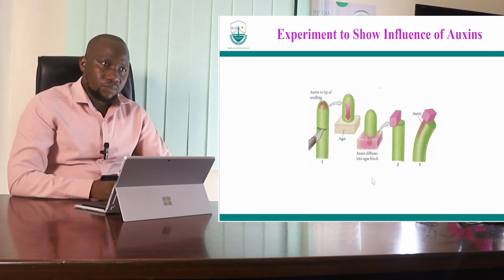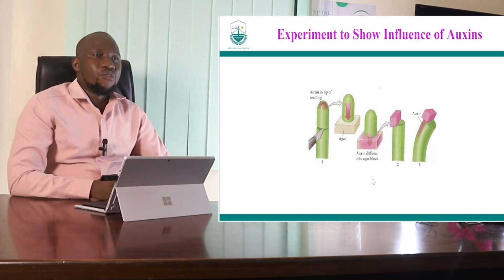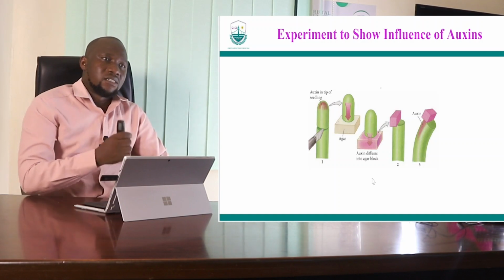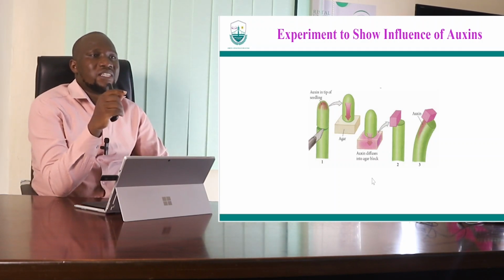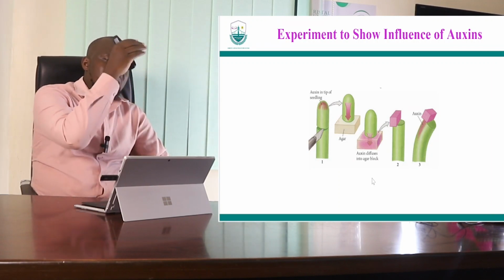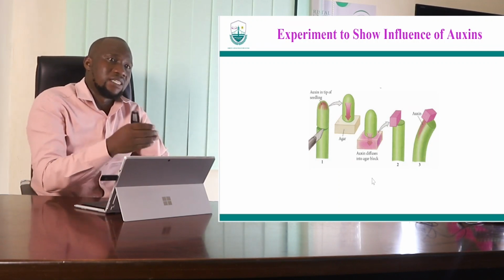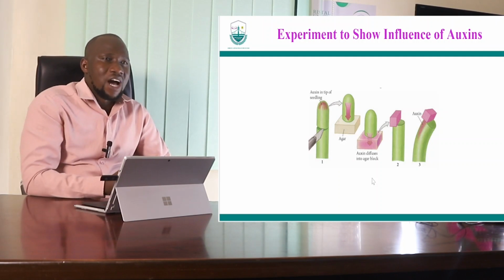Okay, so we already noted earlier on that the auxins are found at the tips of the shoot and the tips of the root. Now, if you get a shoot tip and you cut it off, it means that you have removed the auxins because they are at the tip. You cut the tip off, put it on agar.